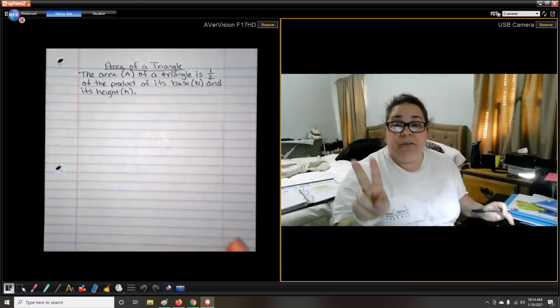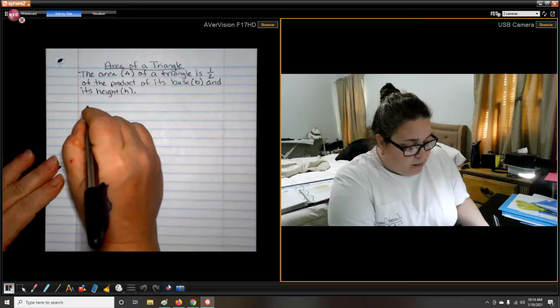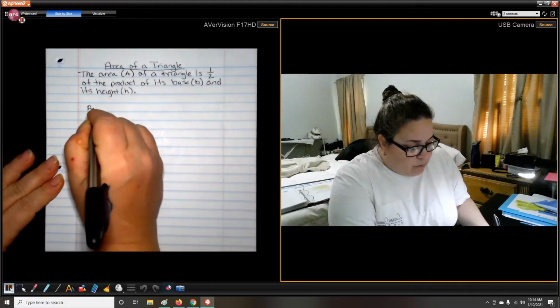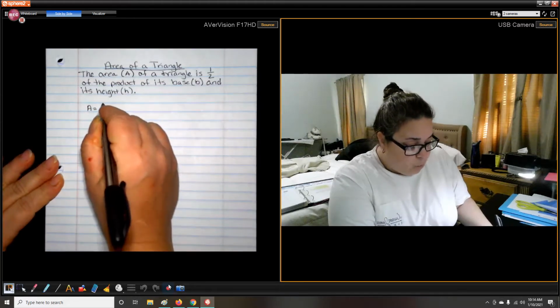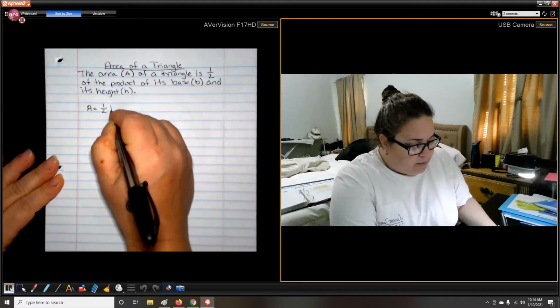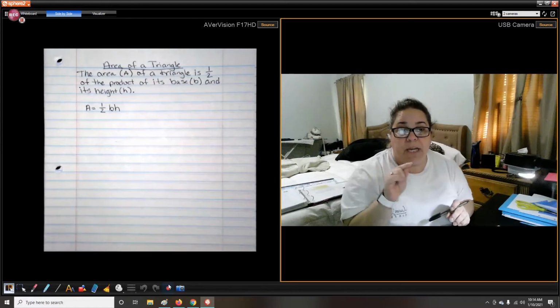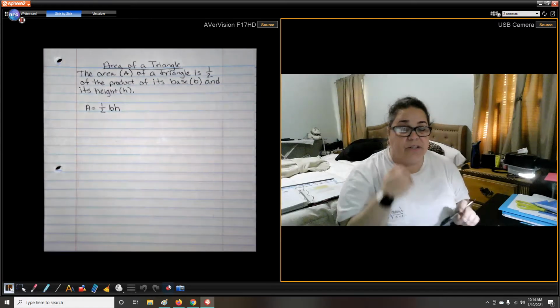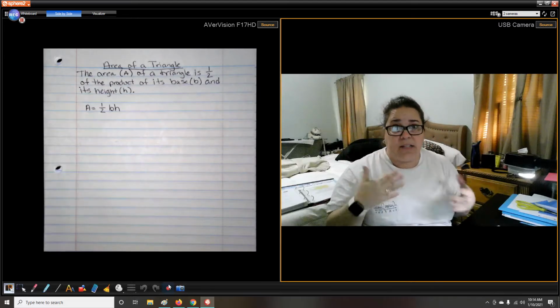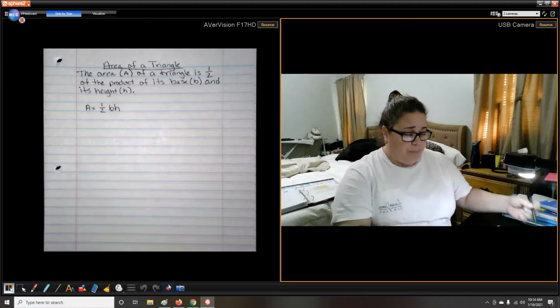Okay, so there's two different ways to write this formula. The first way to write this formula is this way. Area equals 1/2 times base times height. Remember, we don't need any multiplication signs in there because there's letters. And so we know when there's a letter right next to each other or right next to a number, it means multiply, okay?